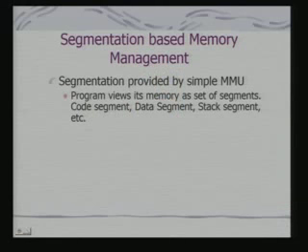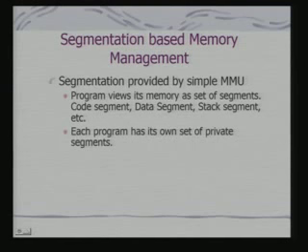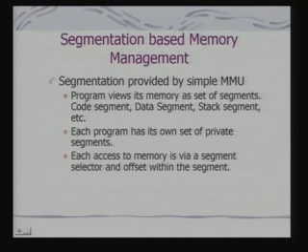So, a program views its memory as a set of segments: code segment, data segment, stack segment. Each program has its own set of private segments. So, this clearly defines different addressing space for different processes. Each access to memory is via what we call a segment selector and an offset within the segment.